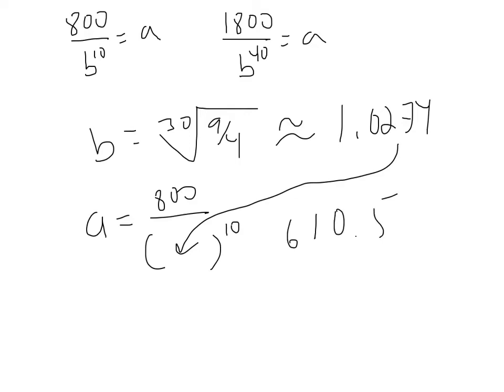Since this is a population of individuals, I'm going to go with 610 as the initial value. It's actually a little bit more than that, but you can't have half a person or half an item, so that's A.